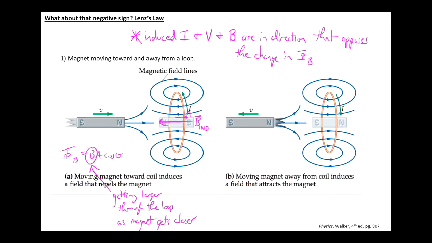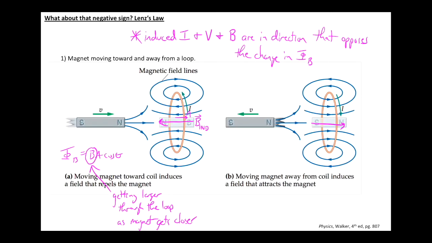So if I have magnetic field that's passing this way through me, I want to keep it. I'm going to oppose the fact that something's taking it away. So this time I'm going to induce a magnetic field in the same direction as what was already there in an effort to maintain the status quo. It's not about being zero or not zero. I just want to keep what's there.